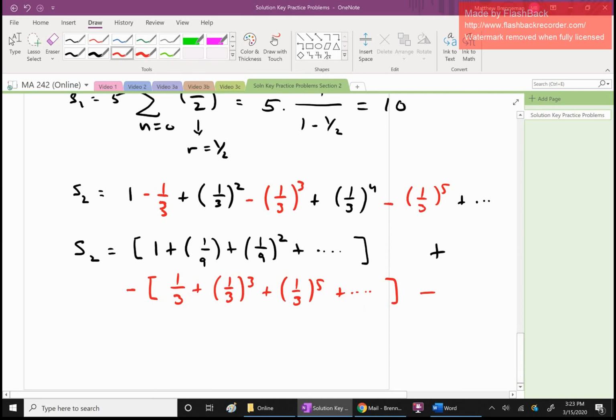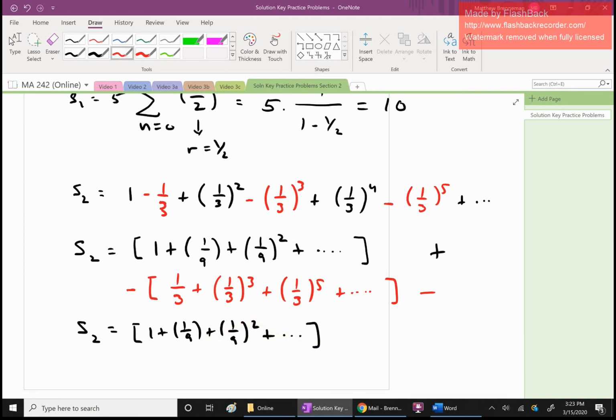And now I can see what's going to happen. If I factor out a 1/3, I'm going to get the same infinite series that I get here. So what I'm going to do is I'm going to have 1 plus 1/9 plus 1/9 squared plus dot dot dot.